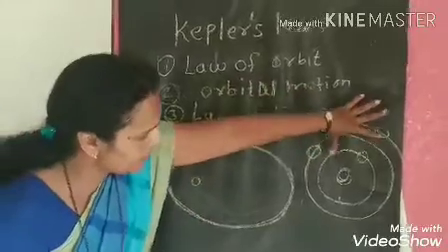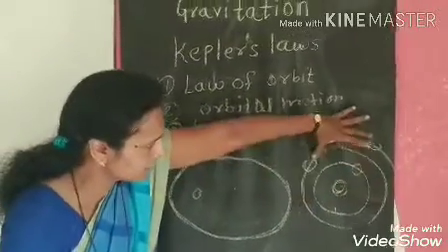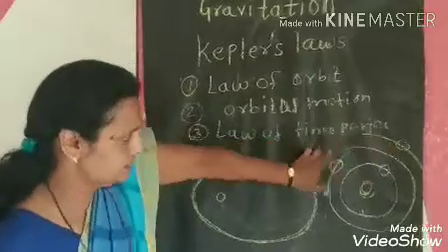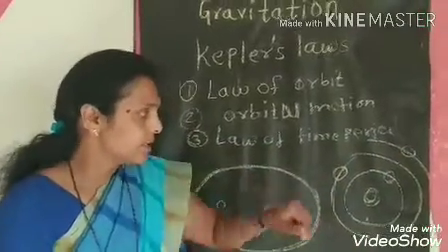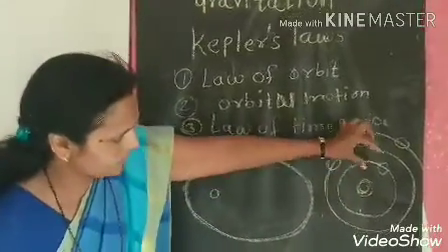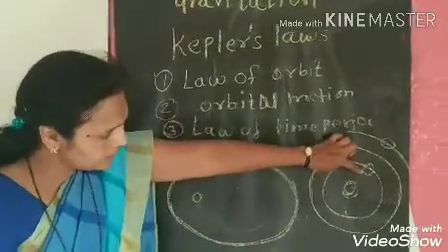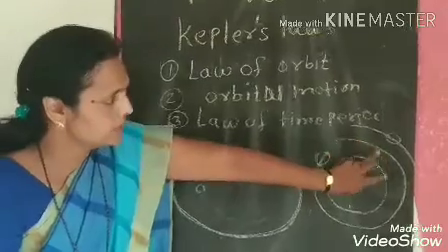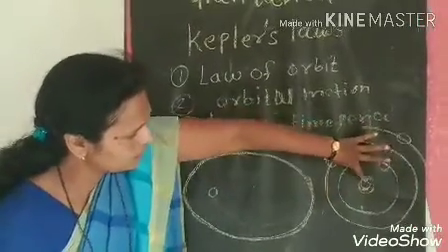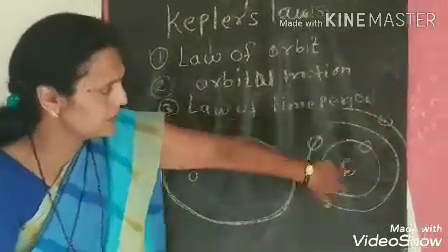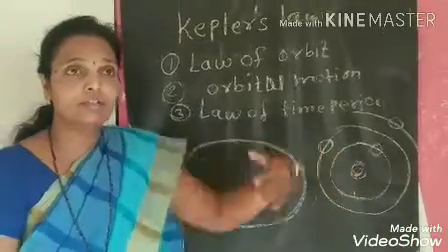So different planets are revolving around the sun in different orbits. The distance of the planet from the sun is different. It is near to the sun. This distance is more. This distance again is more than the first one.